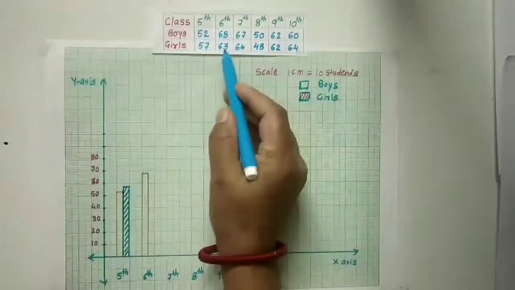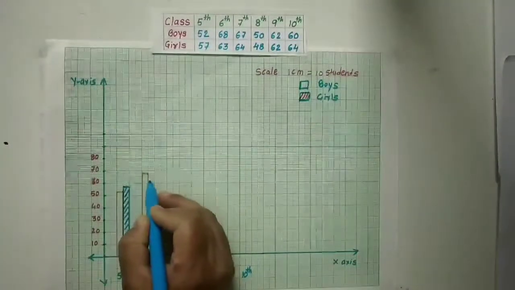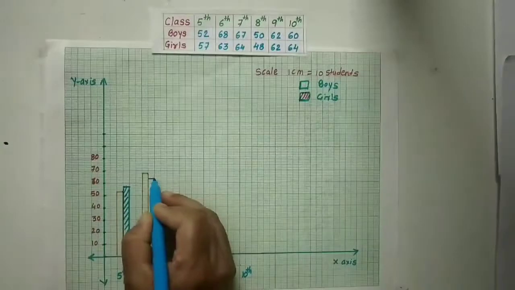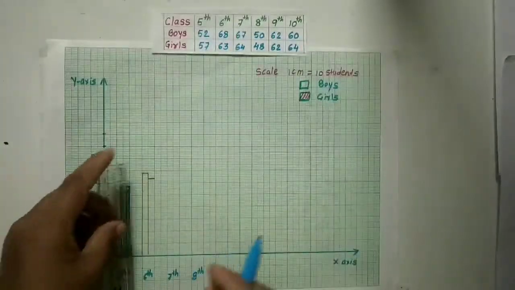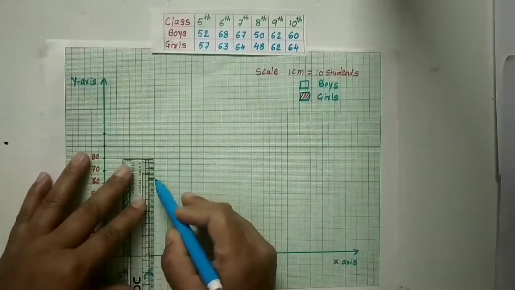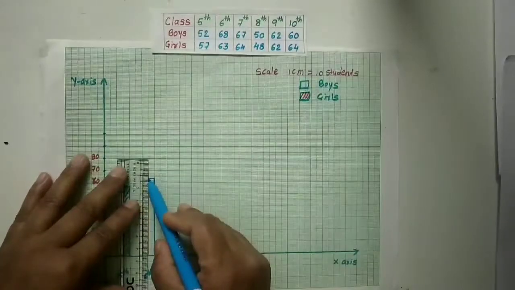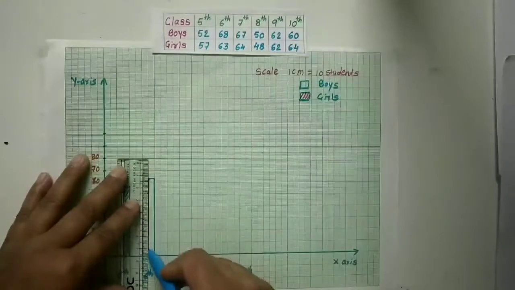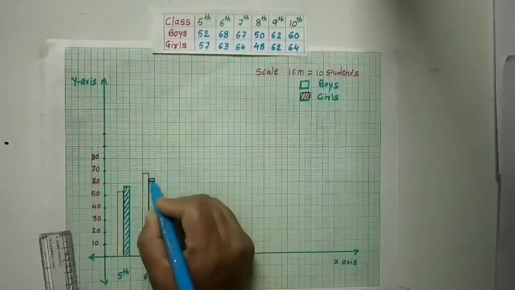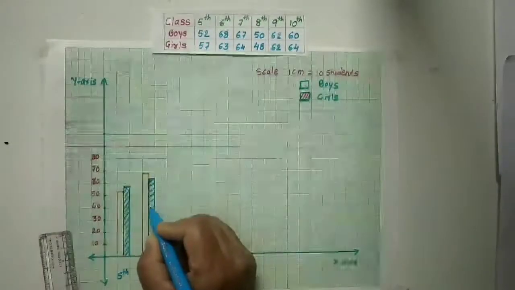And 63 girls. You will understand better, that's why I'm using these color sketch pens. You don't use them. Girls are shown in lines.